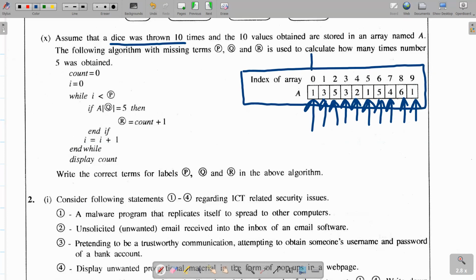So the array has values starting from 0, right? So it continues up to 9. So what they are trying to do is figure out how many times 5 appears here. Right? Are you clear with that? The requirement of the question?